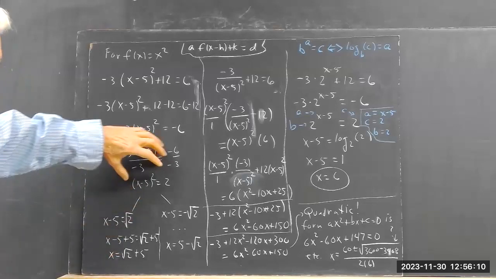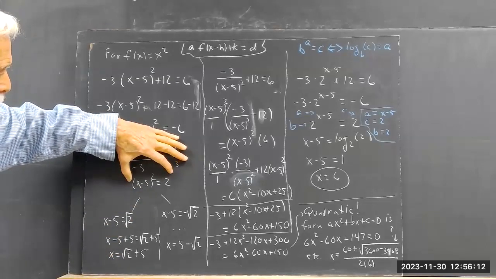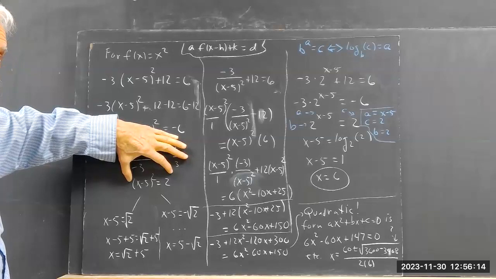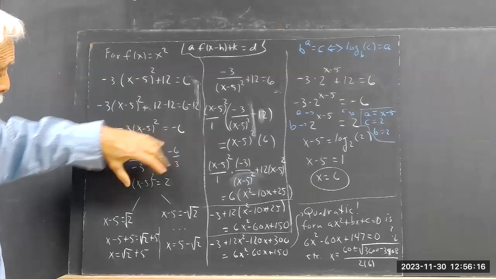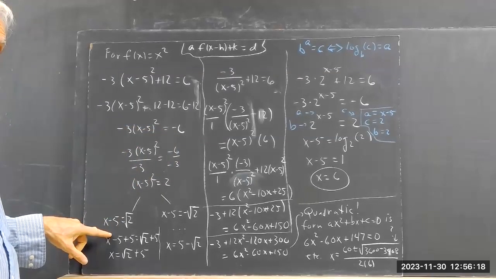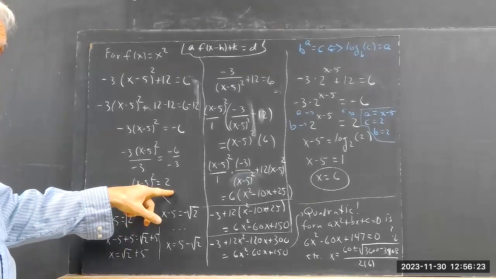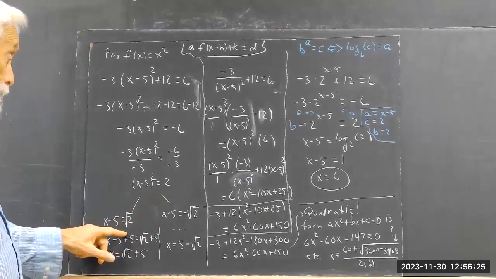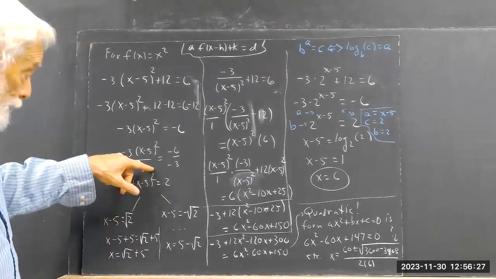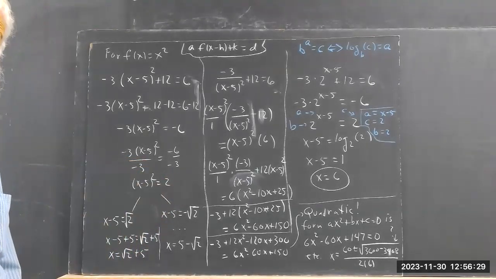Now my point is that the solution to (x minus 5) squared equals 2 has 2 solutions. One is where x minus 5 is the square root of 2, because if you square the square root of 2, you're going to get 2, right? So if x minus 5 is the square root of 2, then (x minus 5) squared has to be 2.